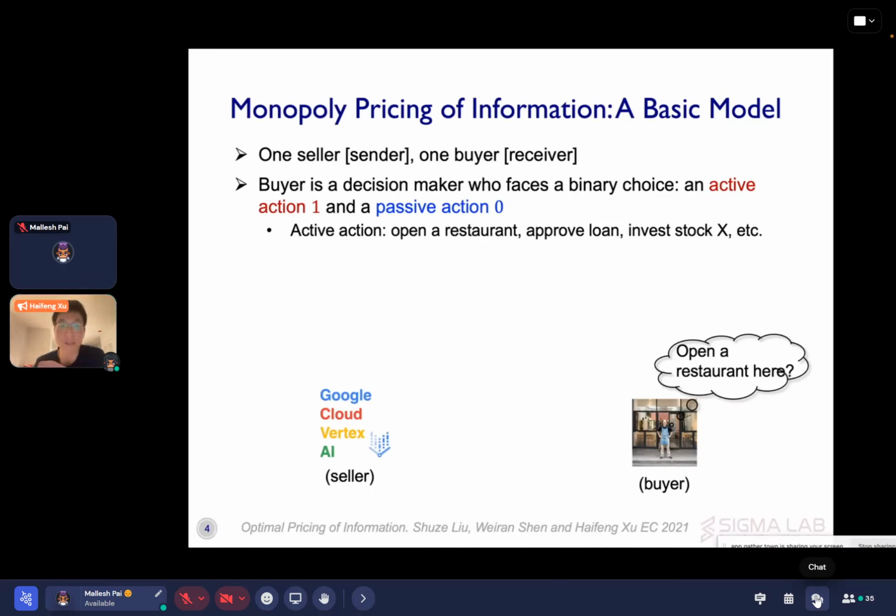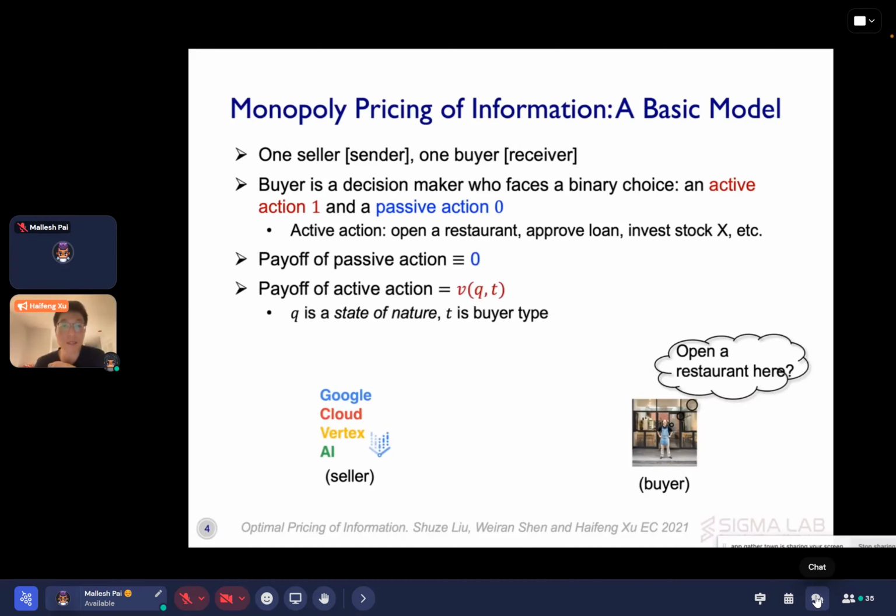An active action could be, I want to open a restaurant here, or I want to approve a loan if you are a loan company, or you want to investigate some stock. The payoff for the passive action is 0, meaning you don't do anything. If you don't open the restaurant, you don't get anything, so your utility is 0 there.